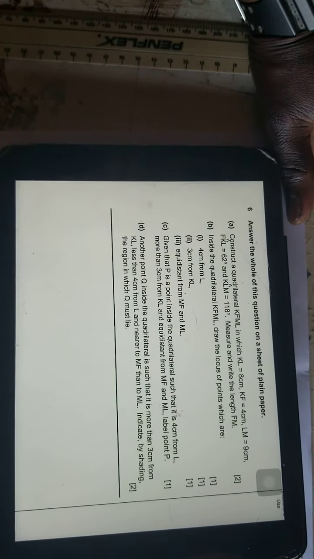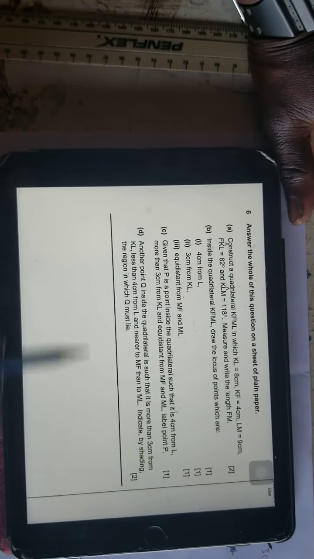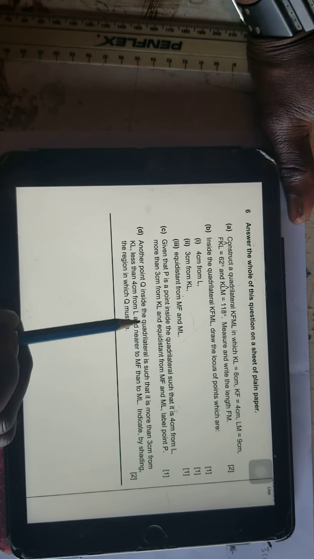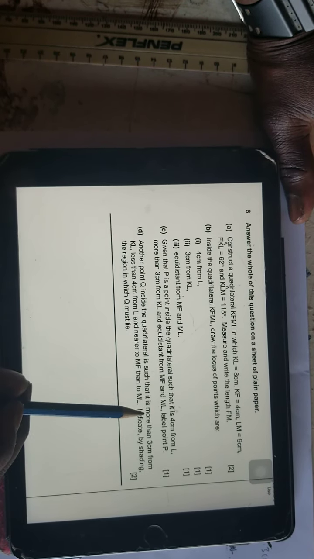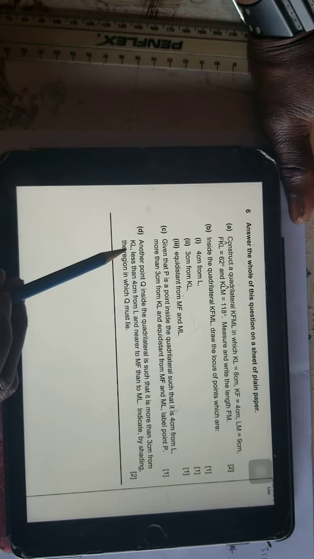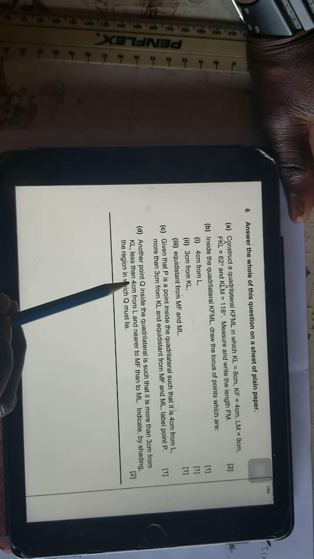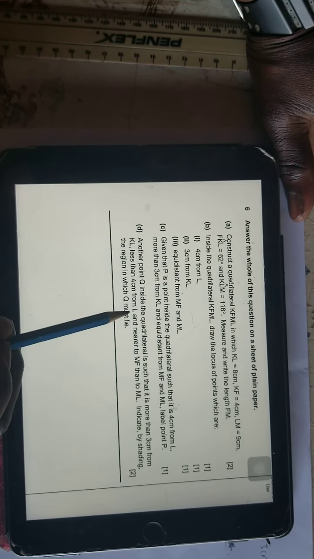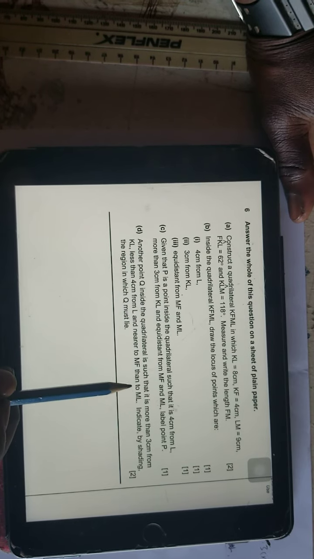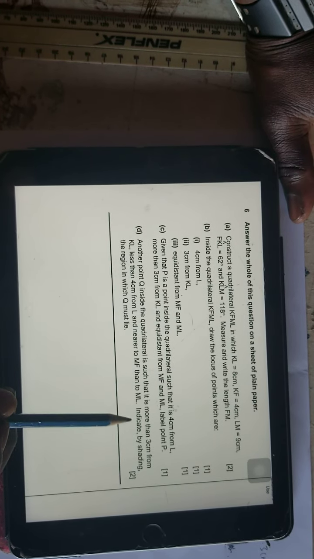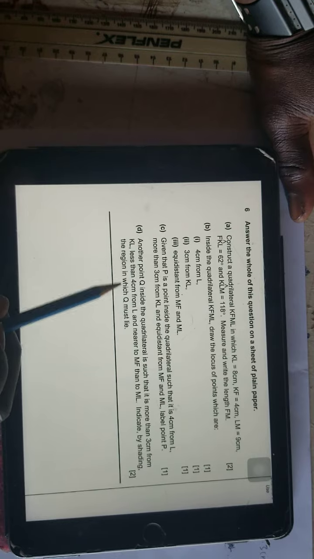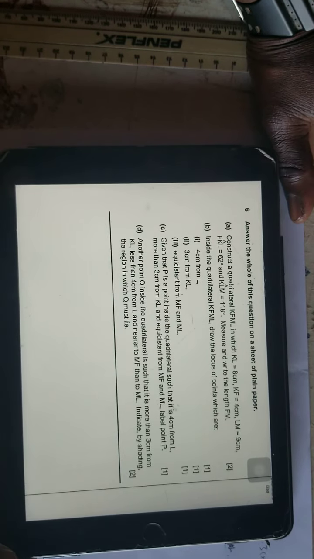Then the next question says, that's D. Another point Q inside the quadrilateral is such that it is more than 3 centimeters from KL, less than 4 centimeters from L, and nearer to MF than to ML. Indicate by shading the region in which Q must lie.